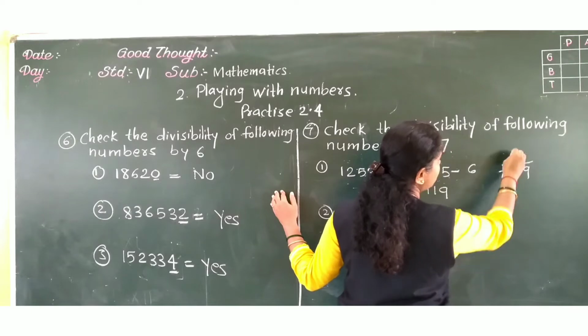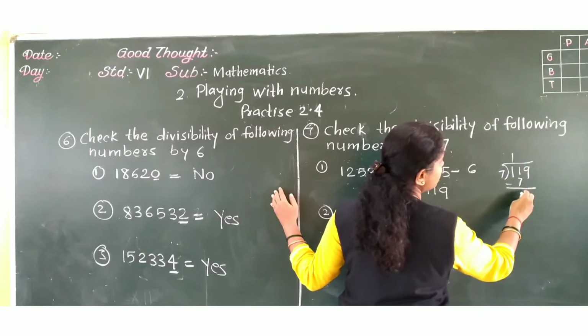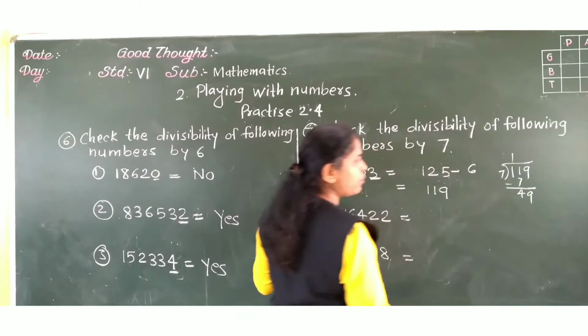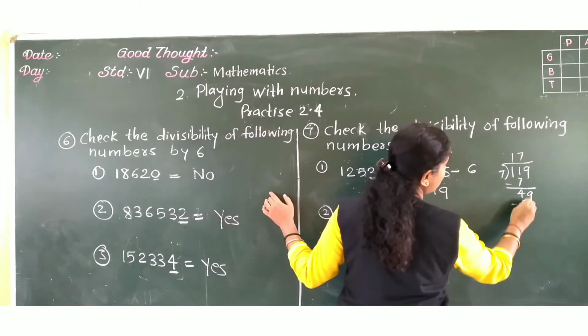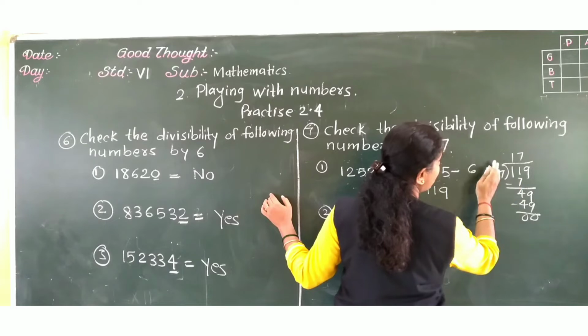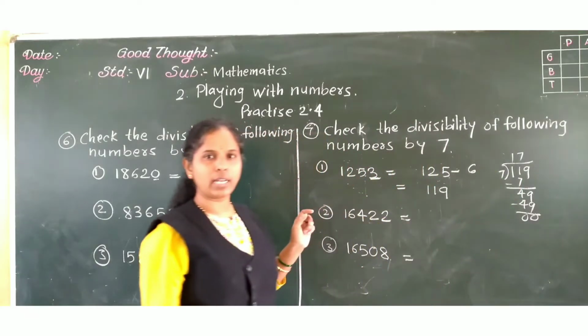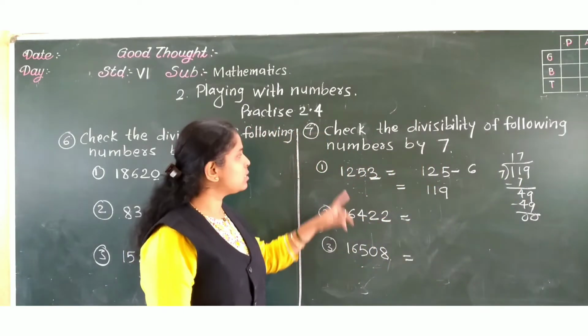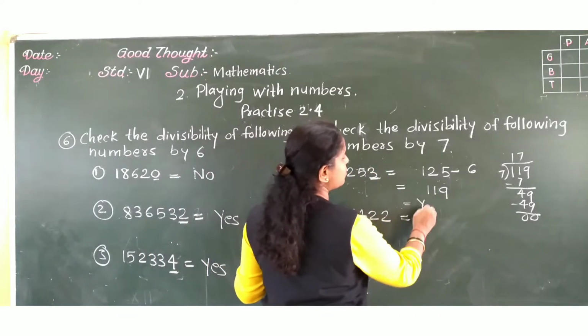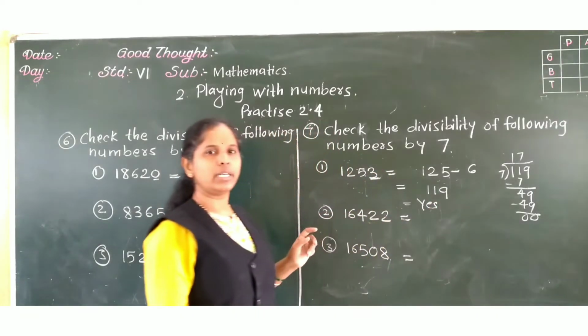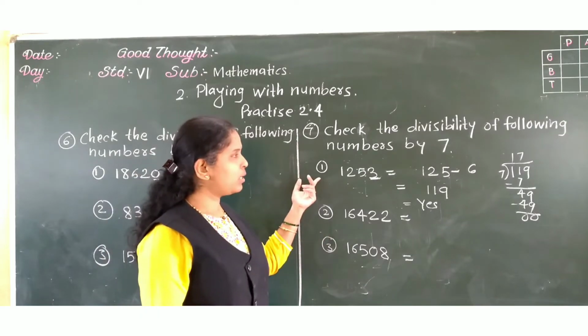See, just take it. 11 minus 7 is 4, and this 9, 7 7s are 49. Yes, we can divide this 119 by 7. That means this whole number is divisible by 7. It is divisible by 7.